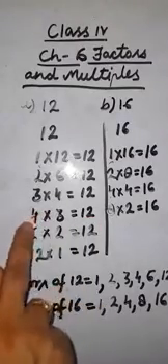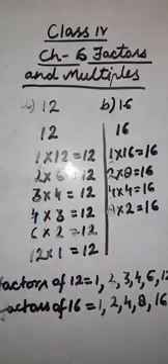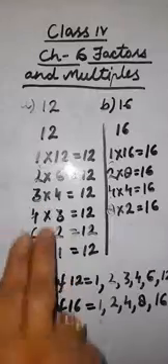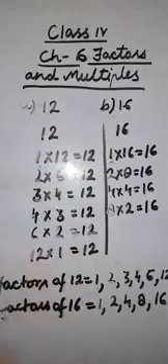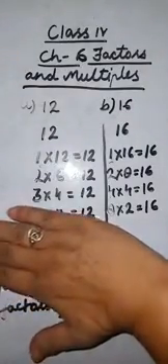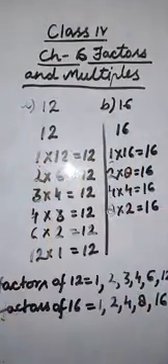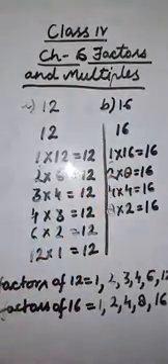Here we have changed the order, but both the factors are same. Right? Here 2 6s are 12, 6 2s are 12. Here also we have changed the order. 1 12s are 12, so 12 1s are 12. So this is completed here. Okay? But both methods are right. You can do it in this way and in this way also.